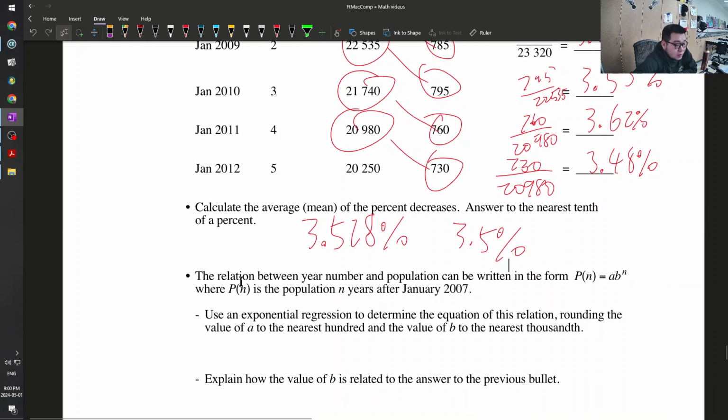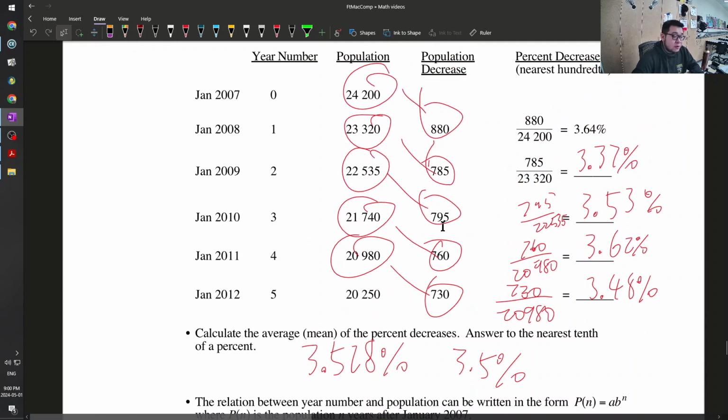Okay, the relation between your year number and the population can be written as Pn is equal to a times b to the power of n. Use exponential regression to determine the equation. Round a to the nearest 100 and b to the nearest thousandth. Okay, so we are going to type all of these in.